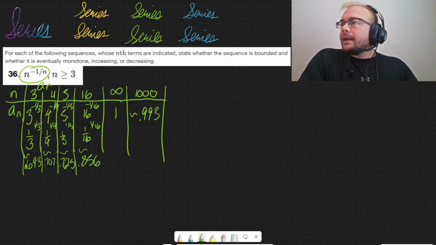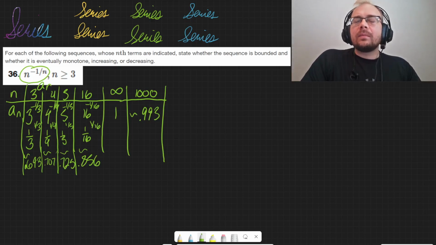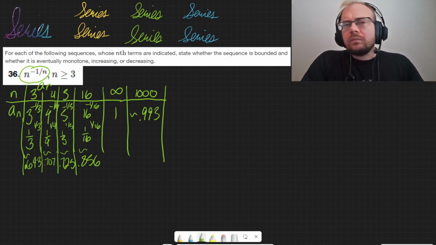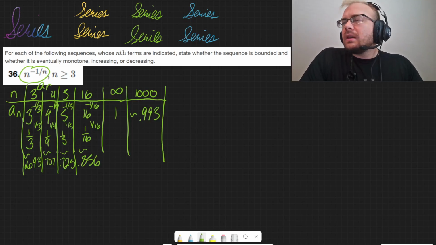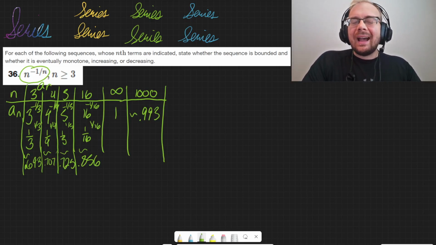This one, I mean, so it depends on how your teacher wants you to answer the question. N equals 3 is going to be the lowest value on the interval from 3 to infinity, counting by ones, or even not just counting by ones. So if you want to say that it's bounded below by 0.693, I wouldn't.